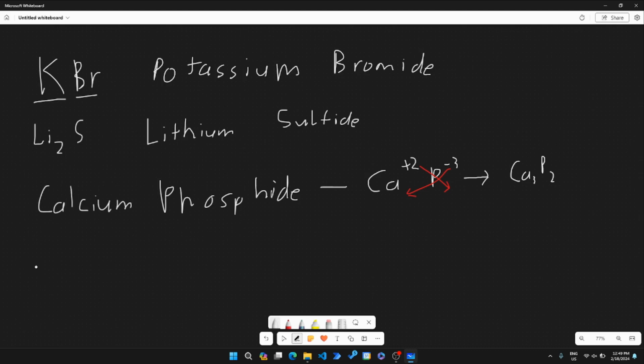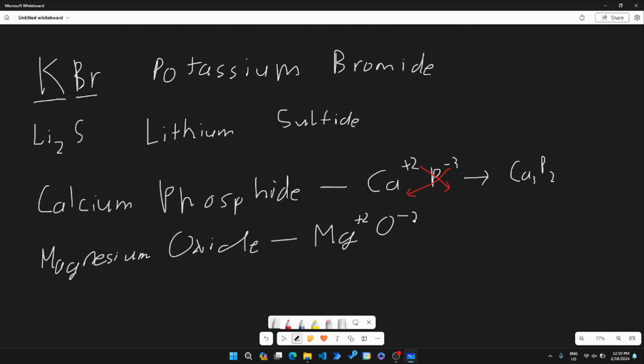Now, there's one more case that we have to cover. So, for example, let's take magnesium oxide. If we have magnesium oxide, then we know that we're going to have magnesium and we're going to have oxygen. Magnesium forms a +2.